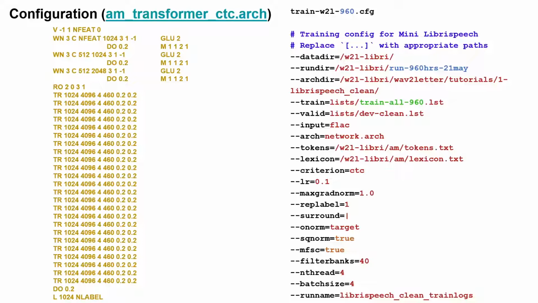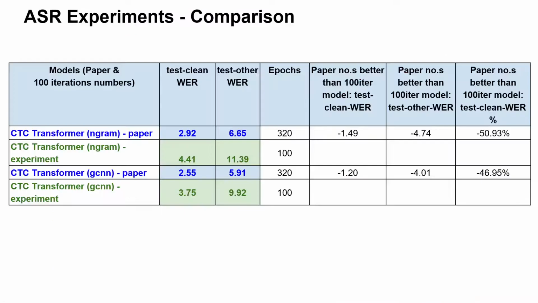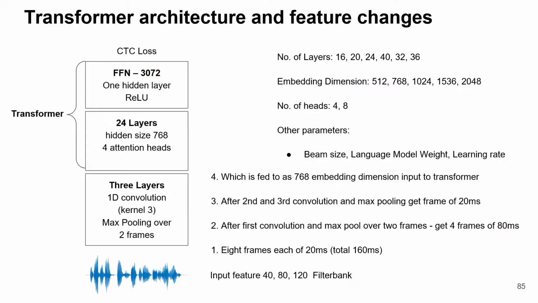And these are some of the configurations which I just highlighted here for LibriSpeech. The initial three are the configuration parameters for the stacking of these three. What I was mentioning here is three convolutional layers.